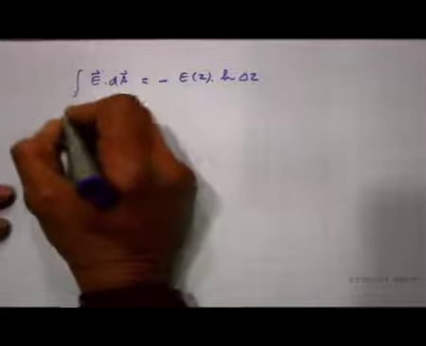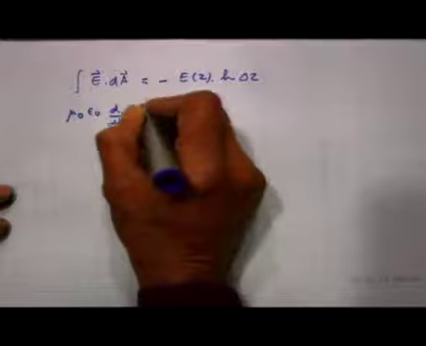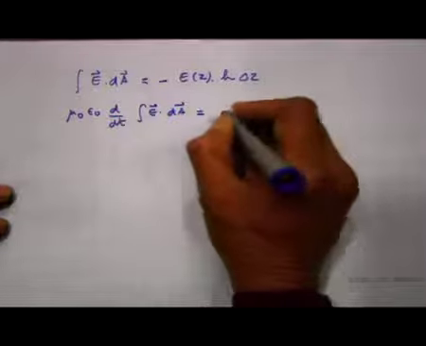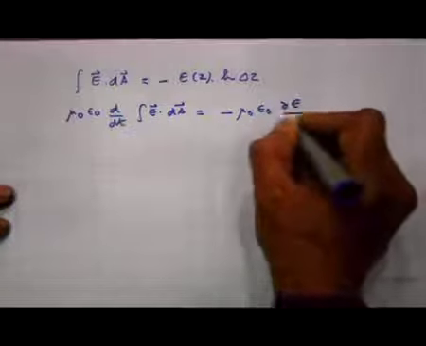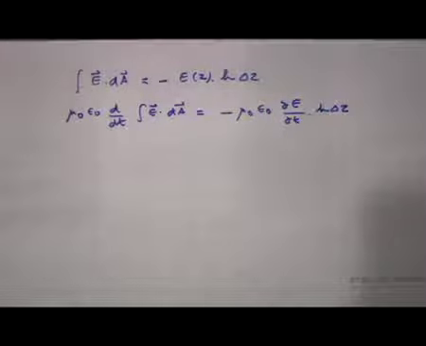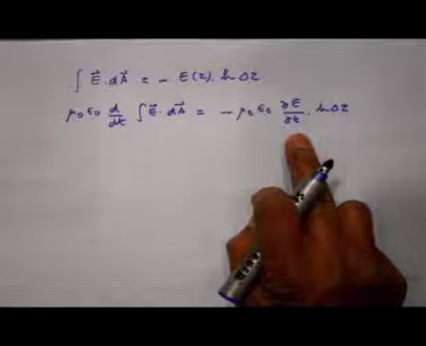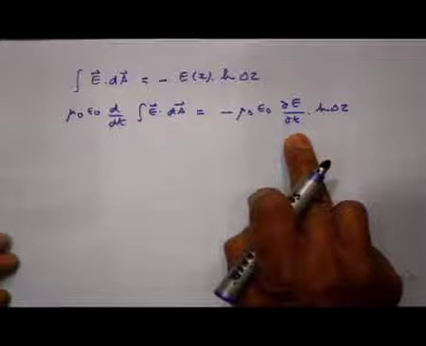So, mu naught epsilon naught d by dt of integral E dot dA will be equal to minus mu naught epsilon naught del E by del t into H delta z. Again I am writing a partial derivative, because electric field is a function of both position z and time, and this derivative is only with respect to time.